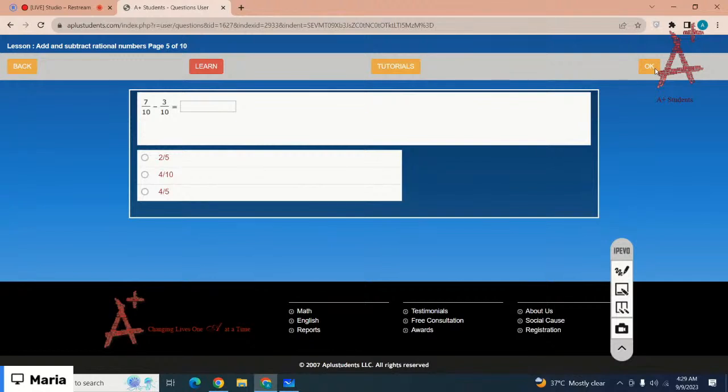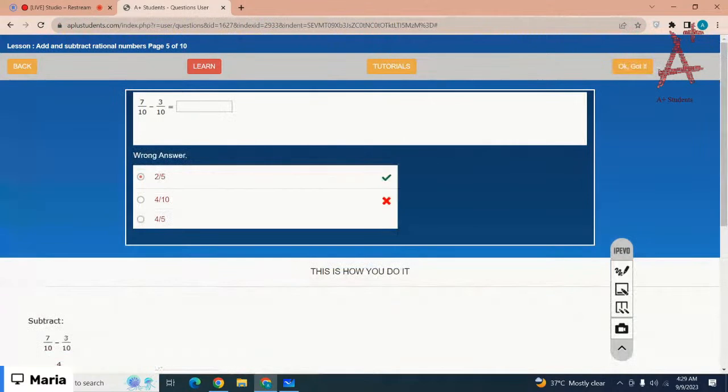Yes, 7 minus 3 is 4, so that would be 4 over 10. Oh yes, you can even simplify. You can divide them by the common number 2, so that would be 2 over 5.